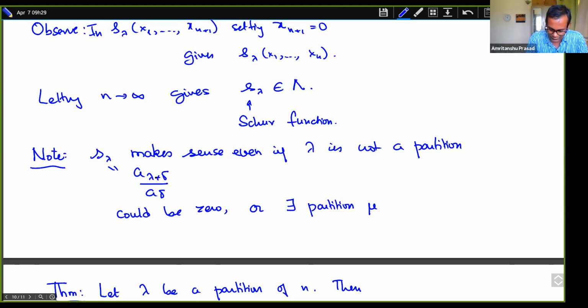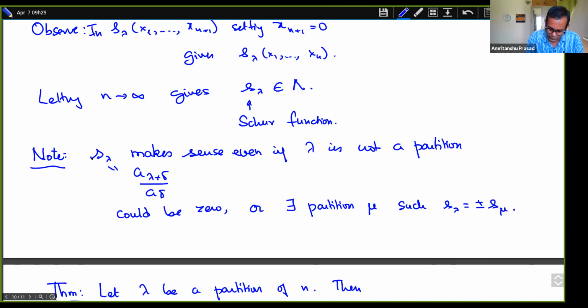If lambda plus delta has distinct parts, then you can arrange them in strictly decreasing order again, and that would correspond to rearranging the rows of the determinant, and so you would get another partition mu. So after you rearrange the rows, you subtract delta, you get a partition mu, and then this s lambda is plus or minus s mu.